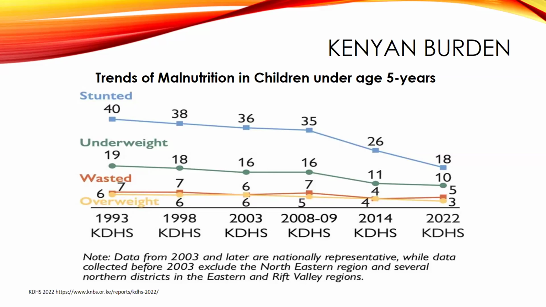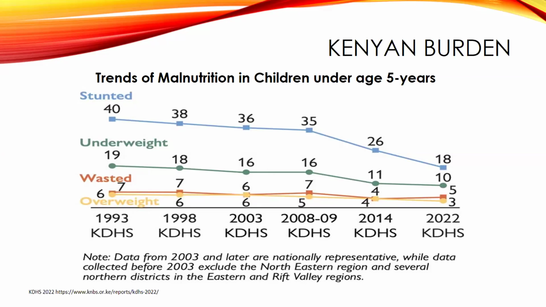Wasting, on the other hand, is a measure of acute undernutrition, and it represents the failure to receive adequate nutrition. It may result from inadequate food intake or from a recent episode of illness or infection that causes weight loss, signified by loss of muscle mass.